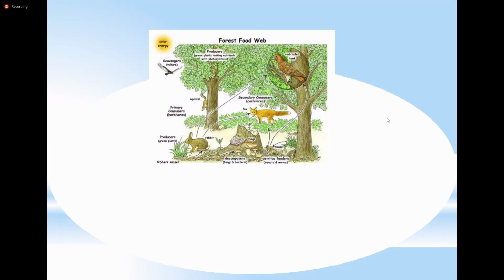Also, there are some birds like hawks. They feed on the primary consumers like rabbits, and you'll see the squirrels are there. Eagles and vultures are called the scavengers. They live on the decomposing organisms.